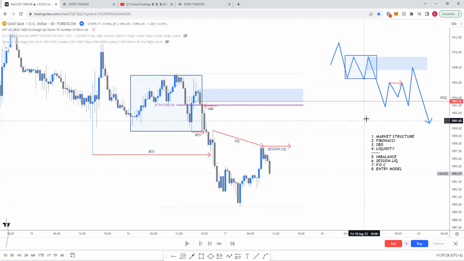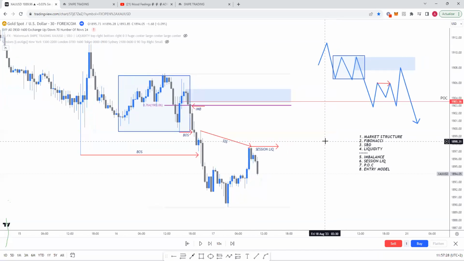This is the entry model, the trend continuation entry model. If you remember, I explained it multiple times.